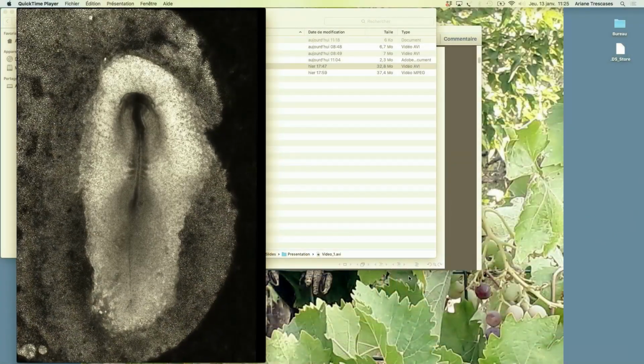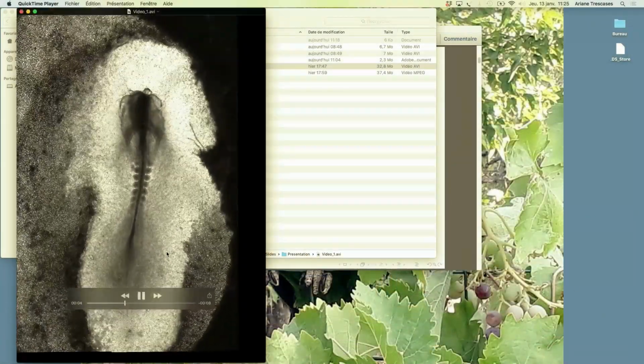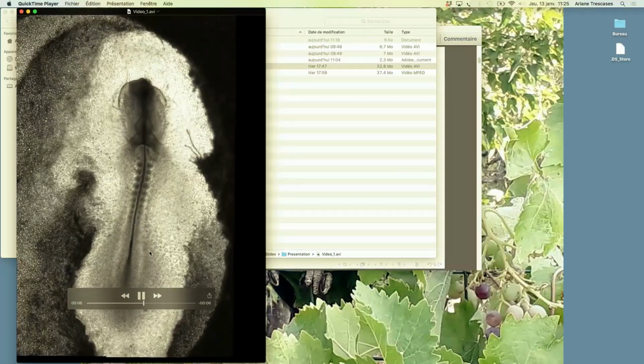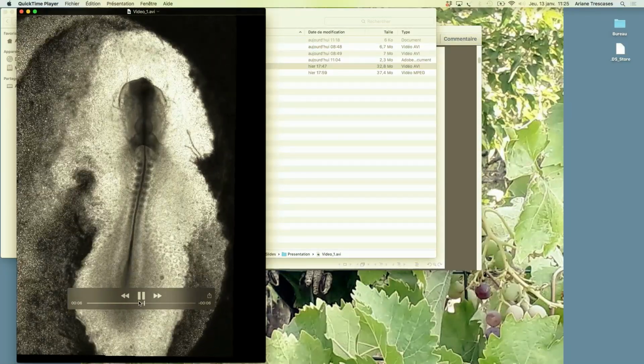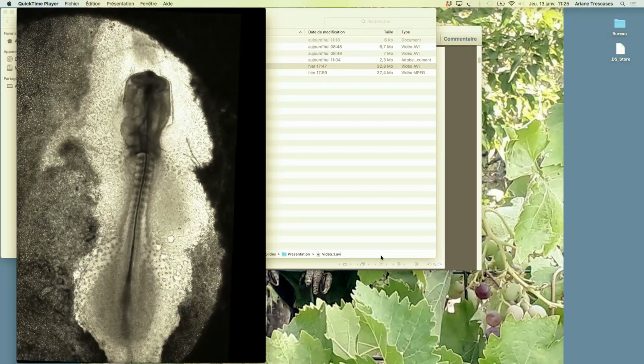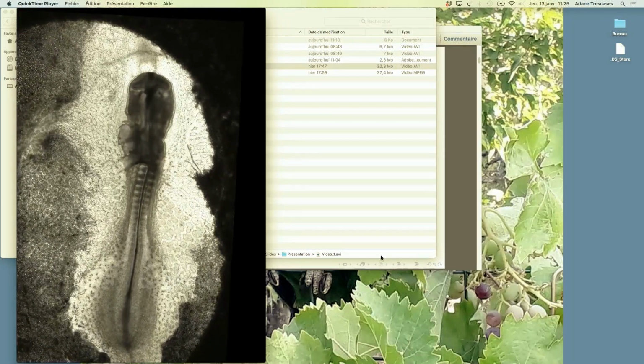For example, if you try to follow around here, you see that it moves more or less like that. And so there seems to be a kind of order behind all this.